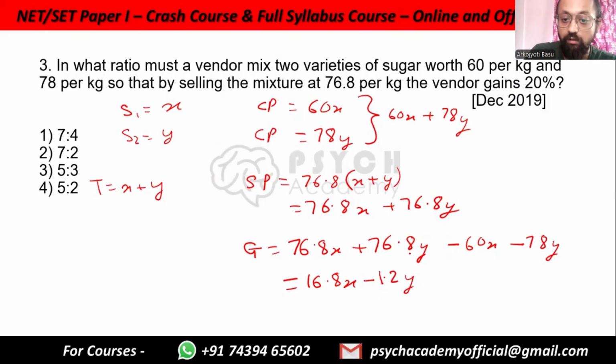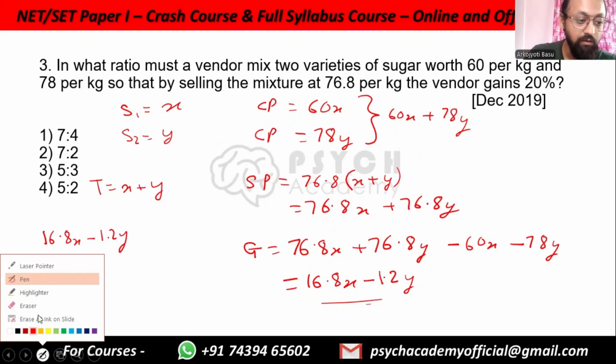Let me check. Yes, 1.2y. So this is the gain. Now we already know he gains 20%, and from profit and loss we know that gain is always calculated on the cost price, which means this gain is 20% of the cost price. So let's simplify it a bit. 16.8x minus 1.2y. Clear out space.